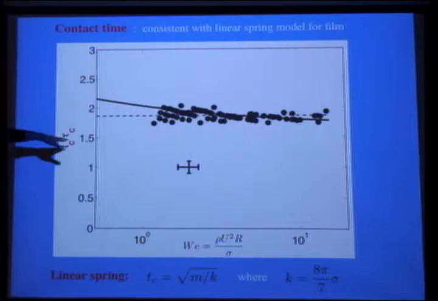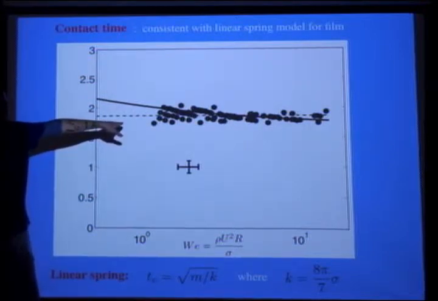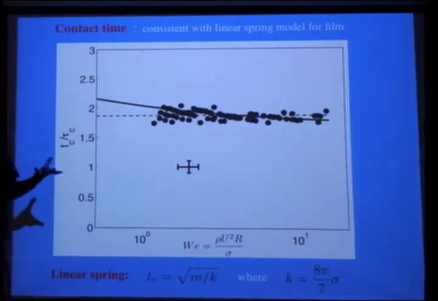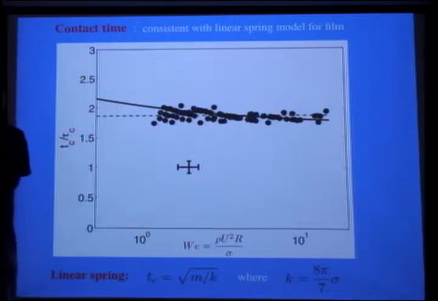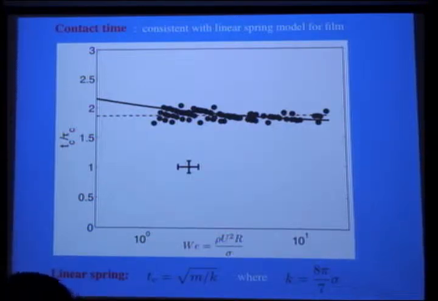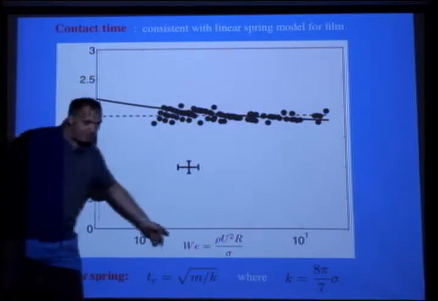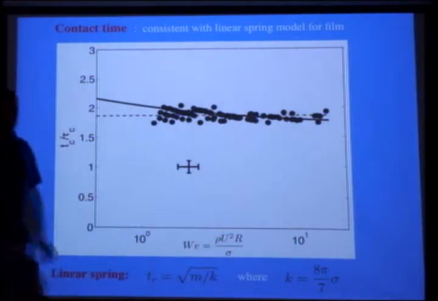So what this shows is this contact time. I mean, what is the contact time for a drop bouncing on a film? Of course, it never actually touches, but it's basically the time during which the film is being deformed by the drop, right? So you measure this, and you see that it doesn't depend on the incoming speed, which is sort of surprising.